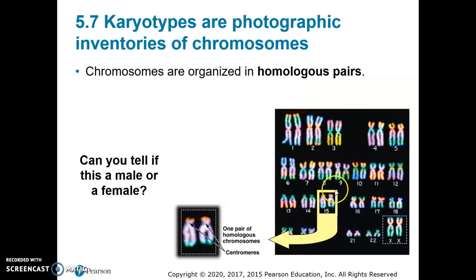In this karyotype, this is a karyotype of a baby girl, and I can tell because the 2 sex chromosomes are both X's. So here's what the chromosomes look like. And there are people who get jobs doing just this, working in labs, carrying out karyotypes.